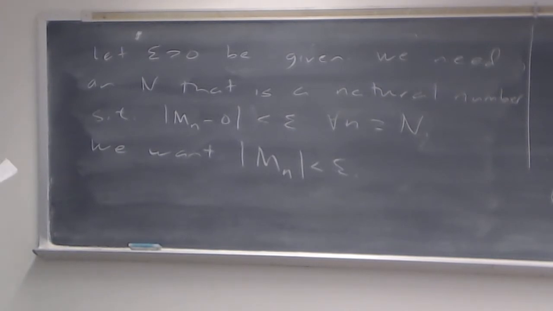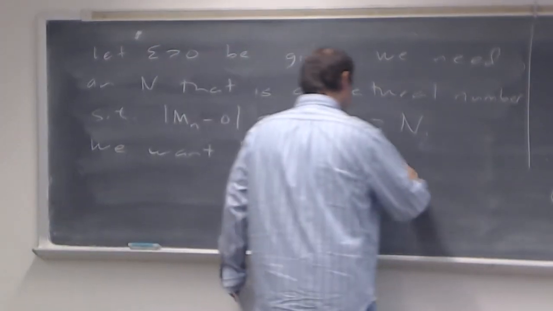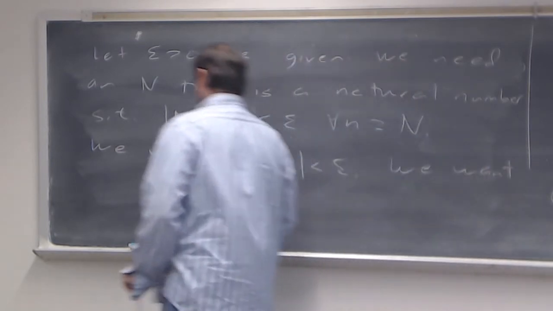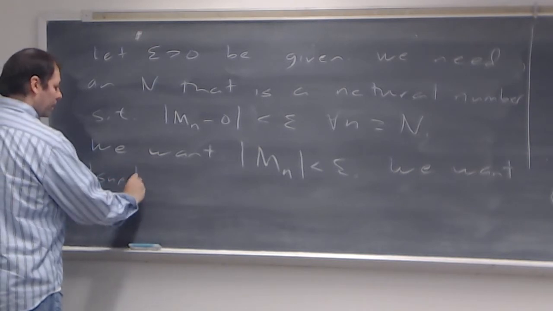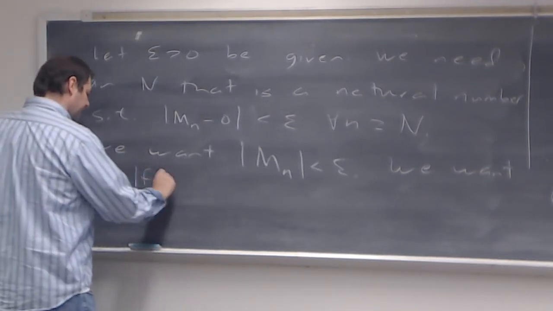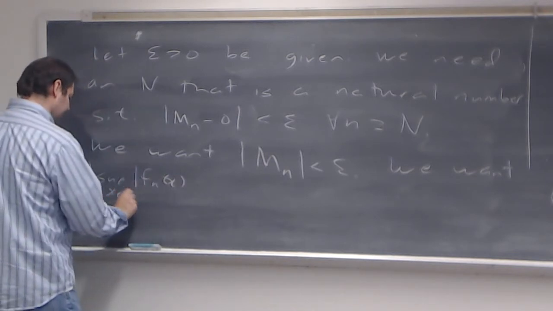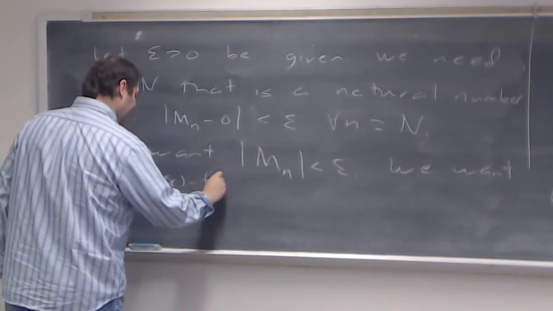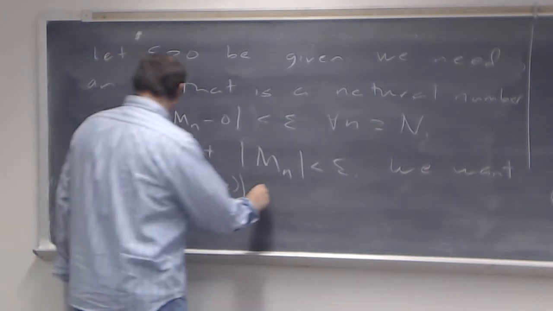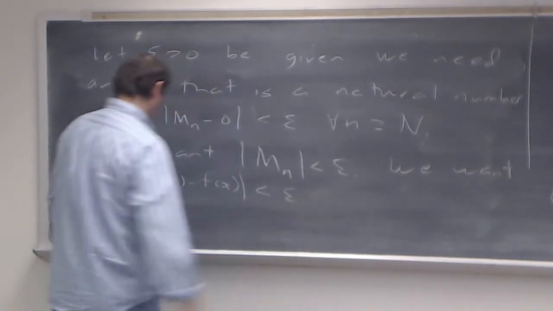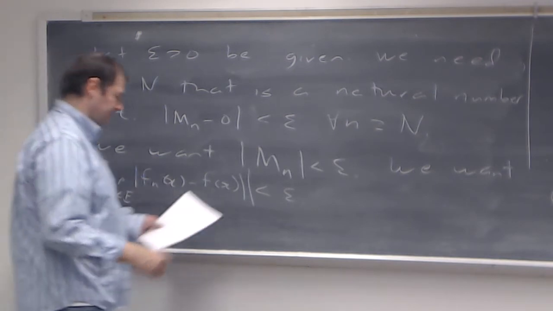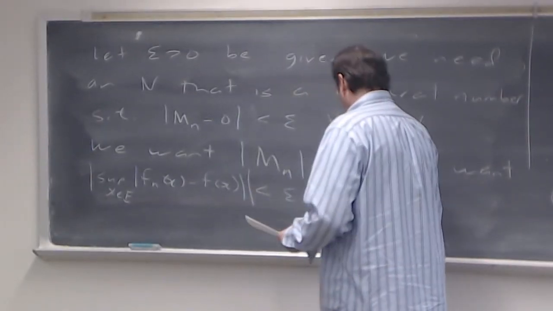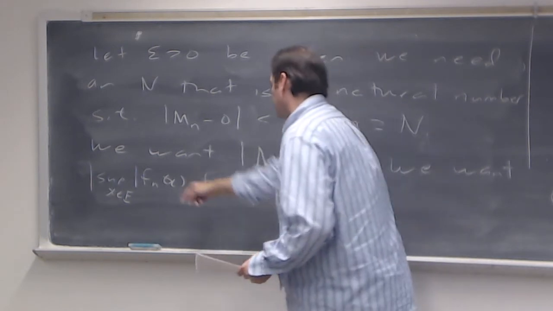Well, now notice what m sub n is defined to be. So that means we want the absolute value of the sup over all x in E of the absolute value of f sub n of x minus f of x to be less than epsilon. Oops, this needs another absolute value. Well, here, this is just going to be the sup, so we want the absolute value of this non-negative number here.